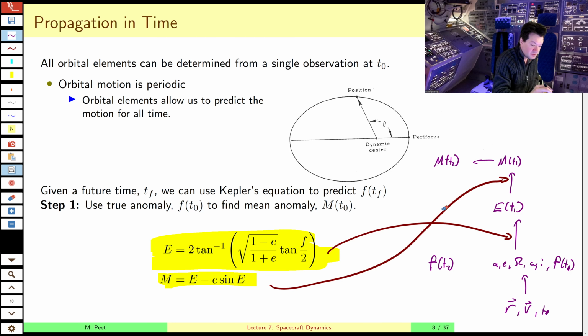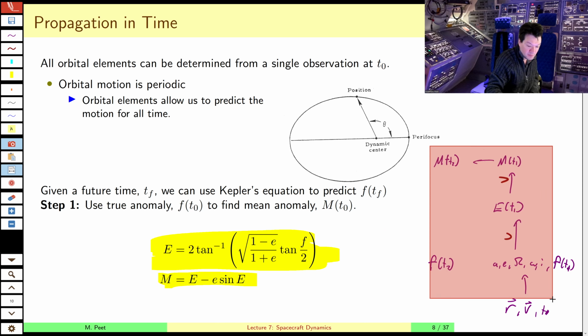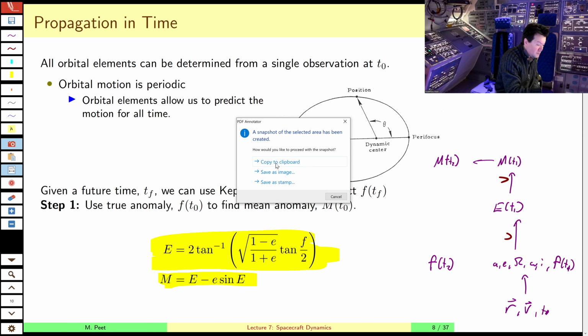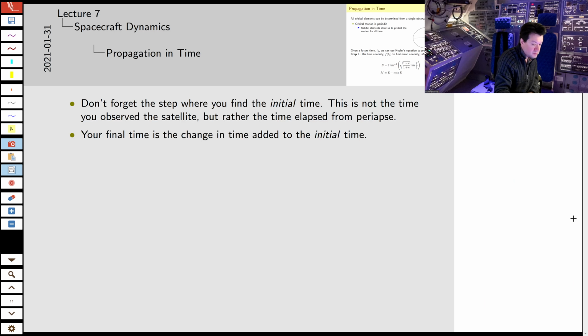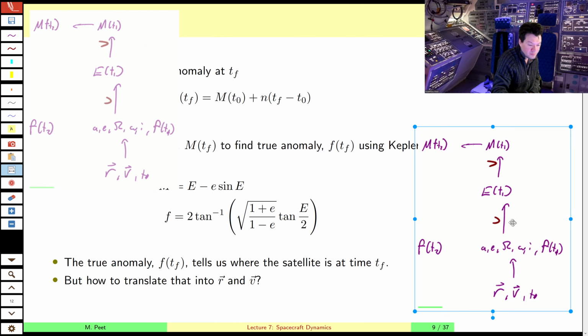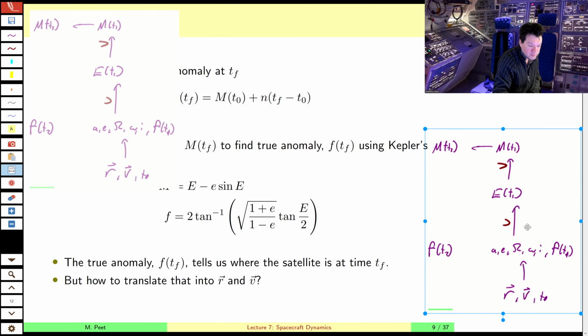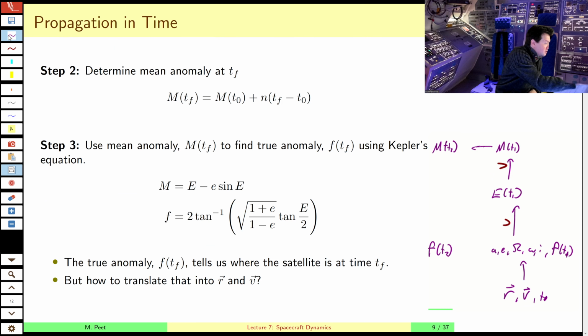Let me just do cut and paste here. Okay, so now we've got to do this step right here.